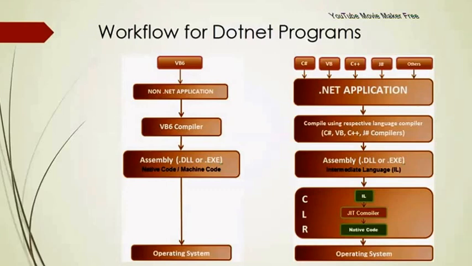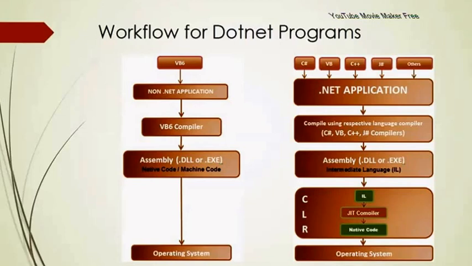For example, if you compile a Windows or console application, you get a .exe. Whereas when you compile a web or class library project, we get a .dll. The difference between the .NET and non-.NET assembly is that a .NET assembly is in intermediate language format, whereas a non-.NET assembly is in native code format.